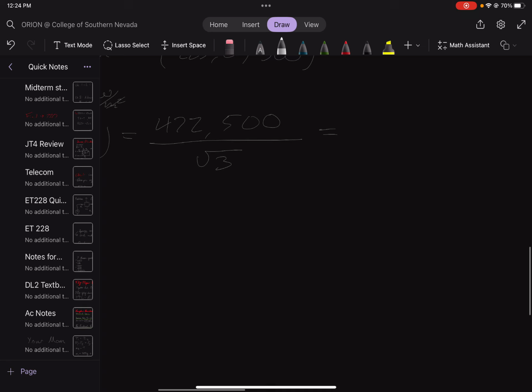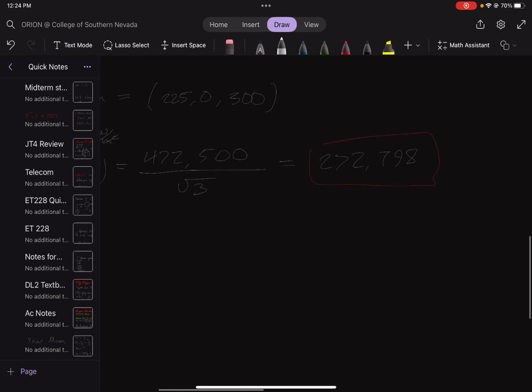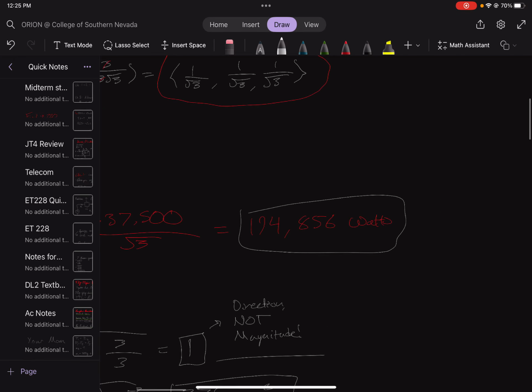And now we get the value of 272,798. So as you can tell, this value for the angled panel is larger than the value from our other panel that was completely flat.